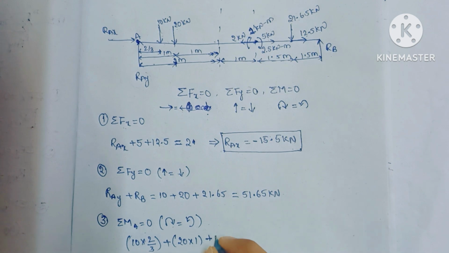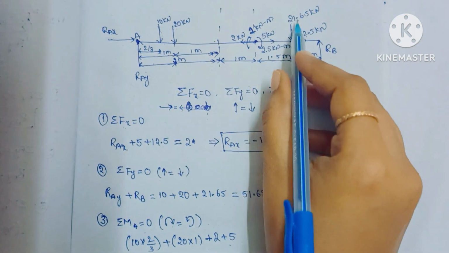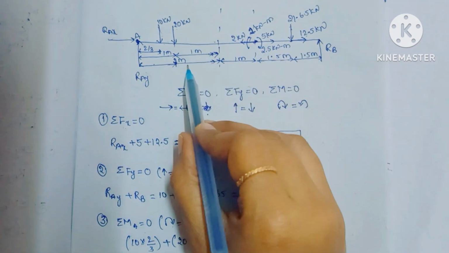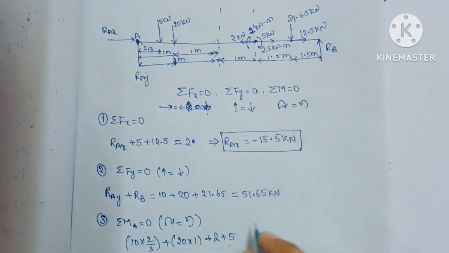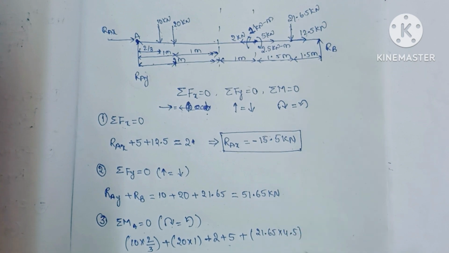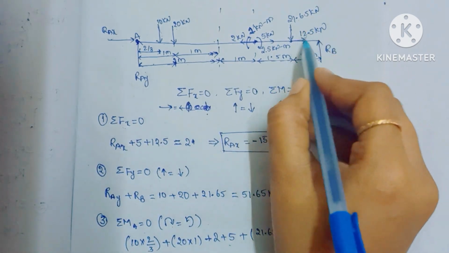So plus 2, so here plus 5, and next one is from here 21.65 into this distance, so 2 meter, 3 meter, 3 plus 1.5, 4.5. So 21.65 into 4.5, and this one is which is collinear, so there is no moment from this force.